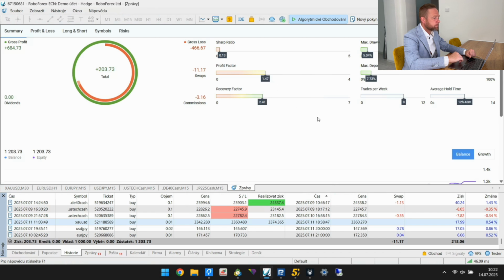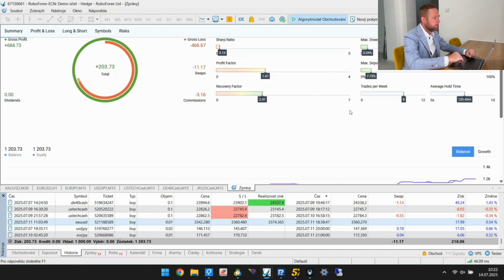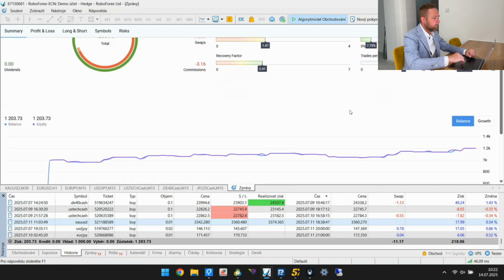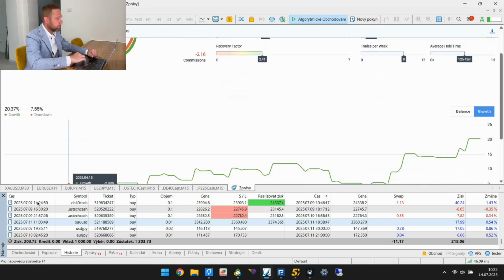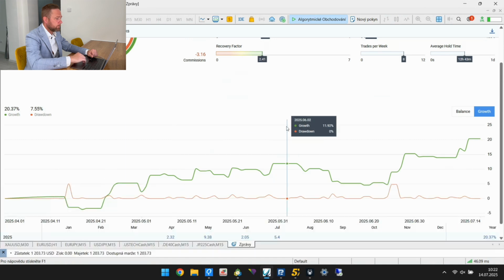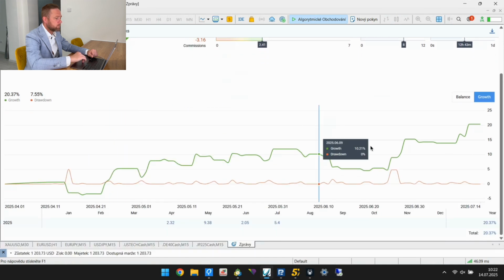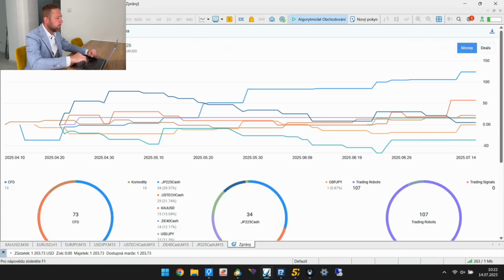Some maximum exposure was 7.7%. The balance chart, or the performance chart of that account, looks like this. And when I break it down into individual symbols, I find that gold performed the best. The account appreciated by 12.3%.